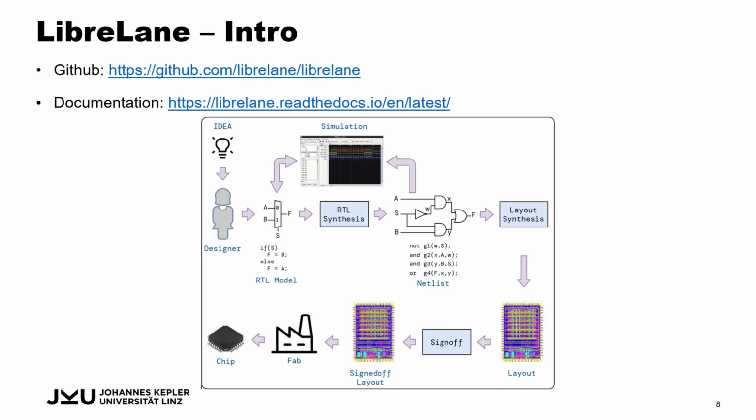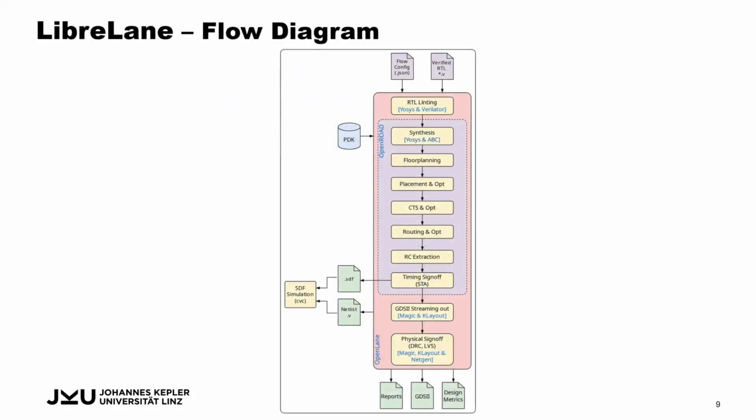And of course, you can use LibreLane with many advanced options, but the simplest way should be to execute one command, insert your Verilog design, and the layout drops out in the end. And this is what LibreLane actually can do.